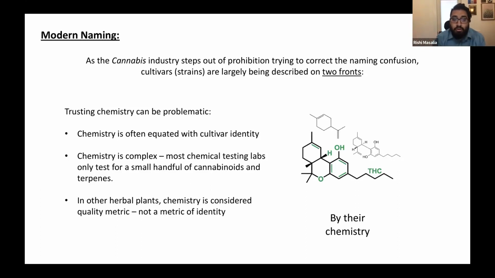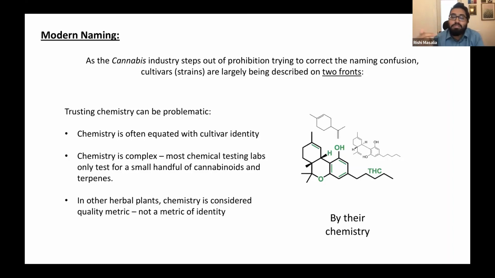Now, as I'm sure we are all aware, chemistry is extremely complex. If we were to actually equate chemistry with cultivar identity, we would need a chemovar, the entire suite of chemicals that are being produced by this plant, to then classify its identity based entirely on chemistry.